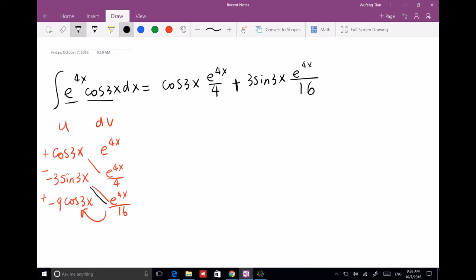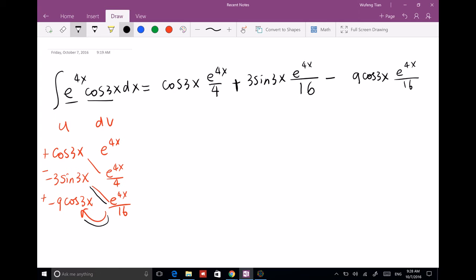Okay, so continue. Minus 9 cosine 3x. Then e to 4x over 16.